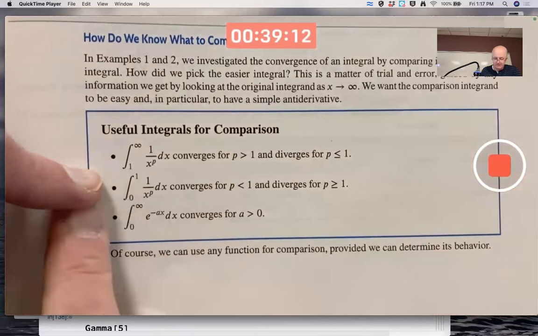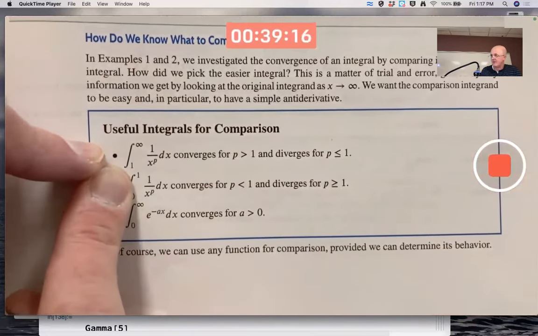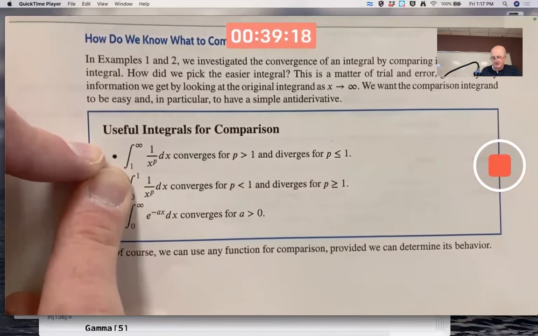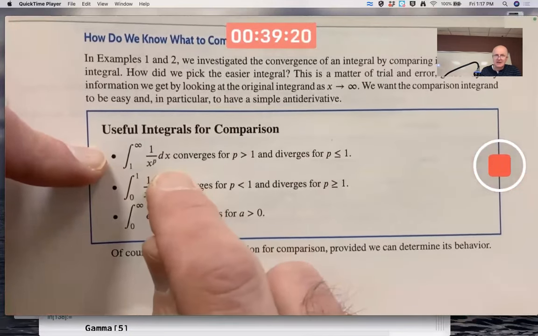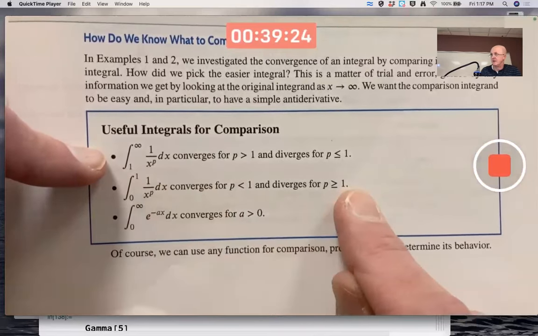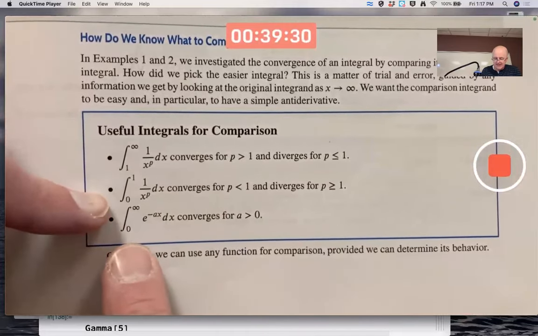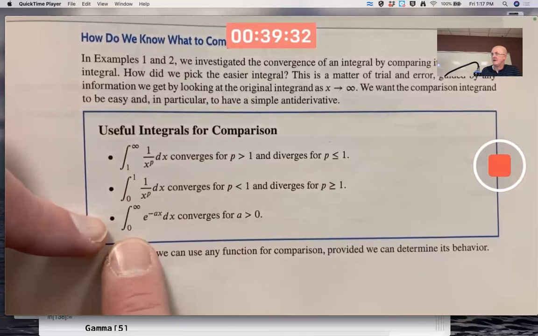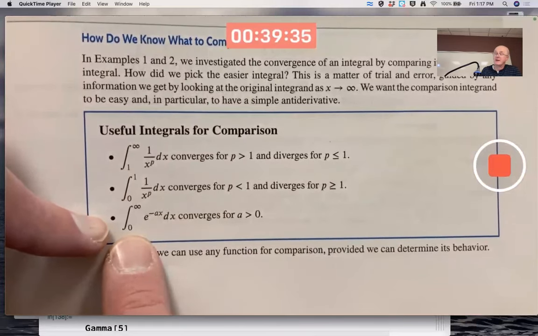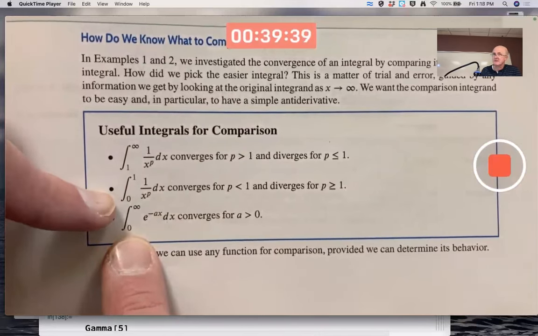For this one, the 0 needs to stay as 0, but the 1 can be any positive number. And that one on top of the fraction can be any number at all. And the fact is still true, and you may use it. And finally, for this one, keep the infinity as is, but the 0 down there can be any number, positive or negative, as long as it's a plus infinity up there.